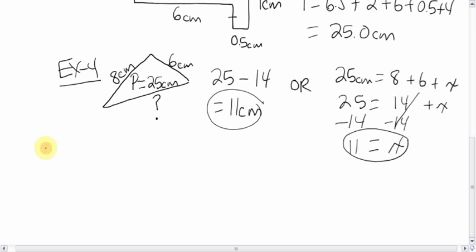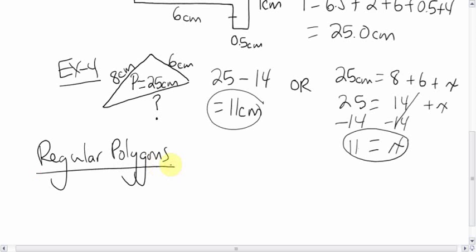That's the perimeter for, I guess, a polygon. But there are things called regular polygons. And when you identify these things, it makes life easier. And regular polygons are just figures with all the sides and angles the same. So if you had a 3-sided polygon, that means that 3 sides are exactly the same.